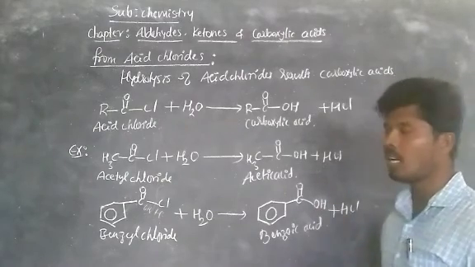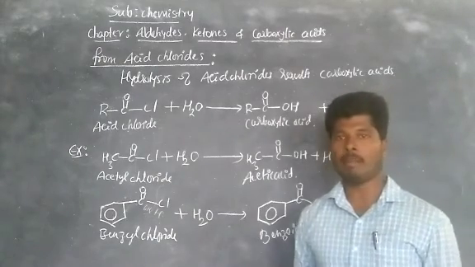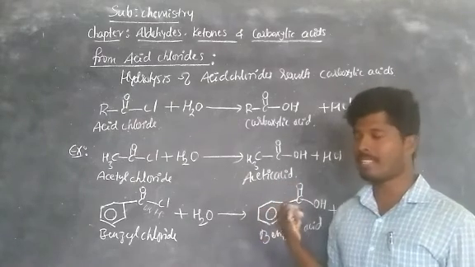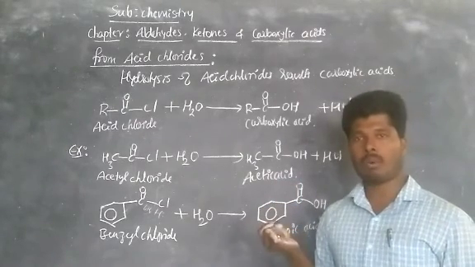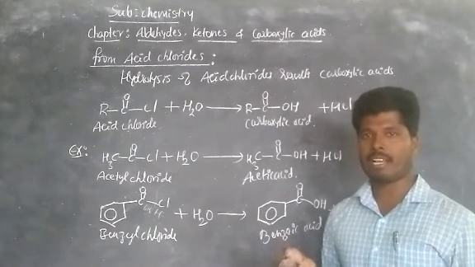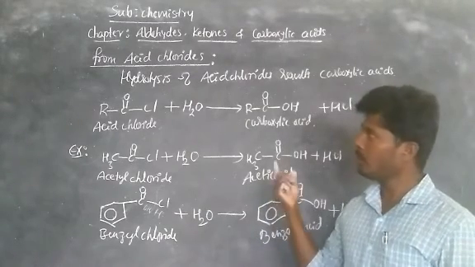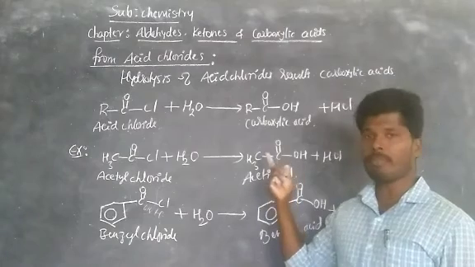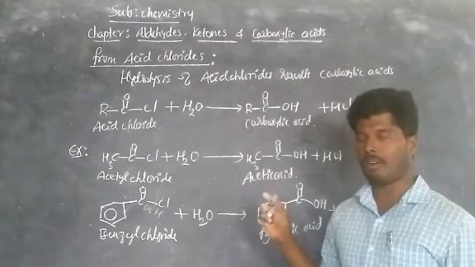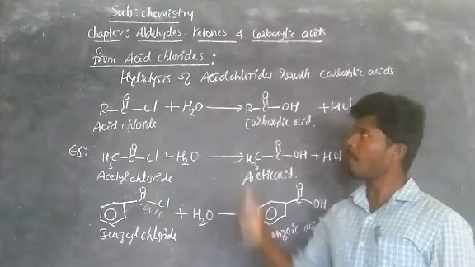Here we have studied six methods to prepare carboxylic acid. In the last class we studied from alcohols, from alkyl benzenes, and also from nitriles or amides. Today in this class we studied from esters by acid hydrolysis and also base hydrolysis, and the last method is from acid chlorides.